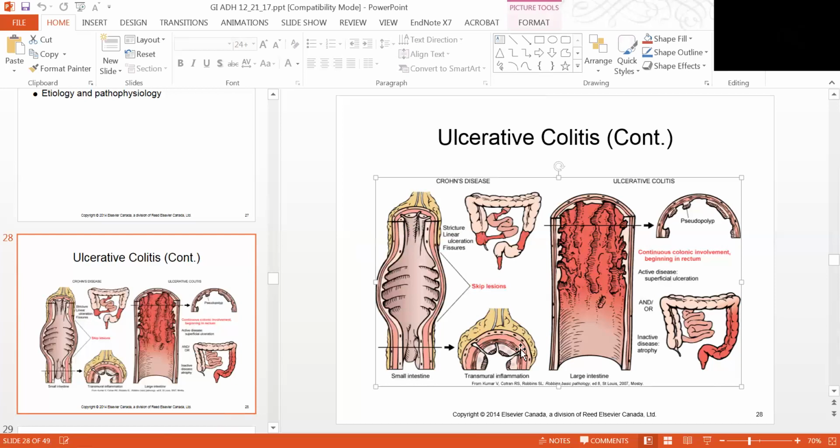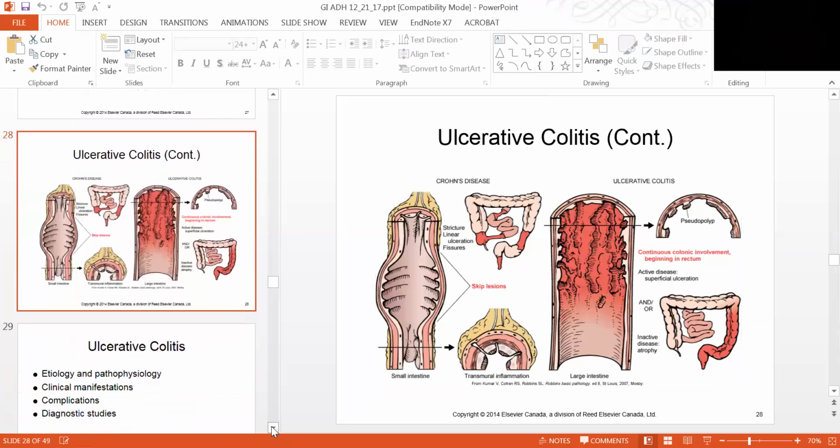So you're going to have normal bowel, pinched up Crohn's, normal bowel, pinched up Crohn's. And in those skip lesions, the Crohn's goes through all the thicknesses of the bowel, all surfaces, right to the very basement membrane. We'll talk about that in just a minute.